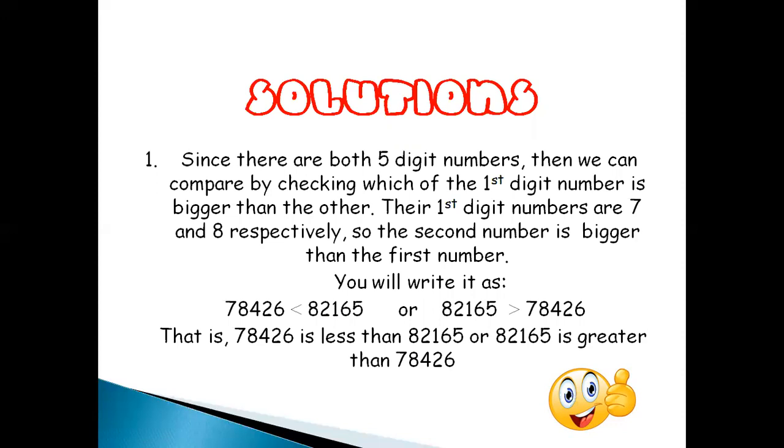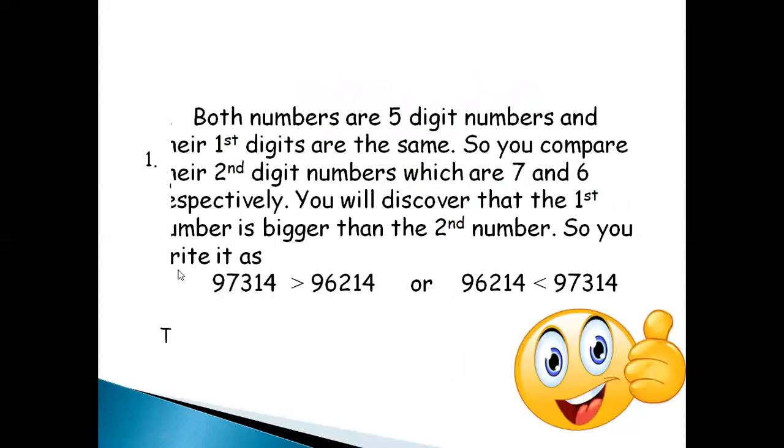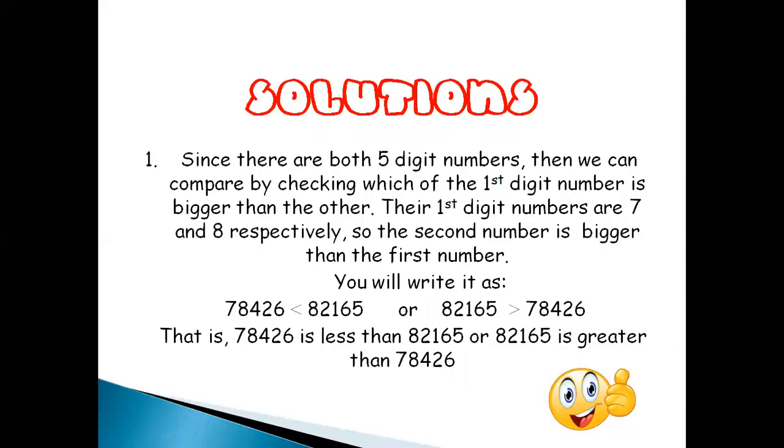If you look at this, 78426, the first digit is 7. And this, the first digit is 8. Which is bigger, 7 or 8? 8 is bigger than 7. So that simply means that 82165 is bigger than this, because we started by comparing their first digit.